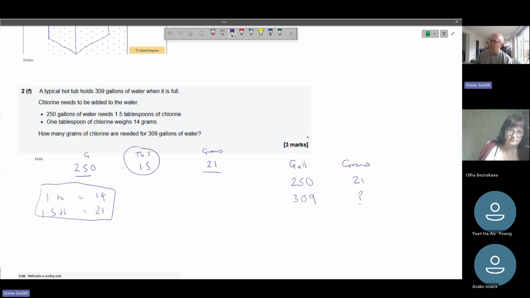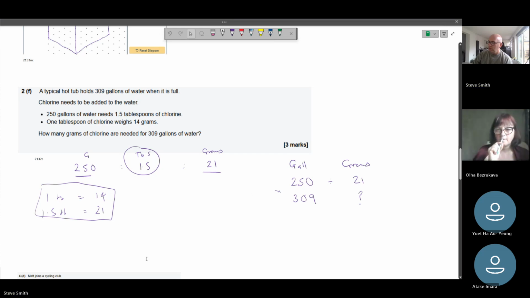Okay, so what we're going to do, we're going to go backwards here. We're going to go 21 divided by 250 times by 309. So the way we're going to do it, where's my calculator gone? My calculator is disappearing today.